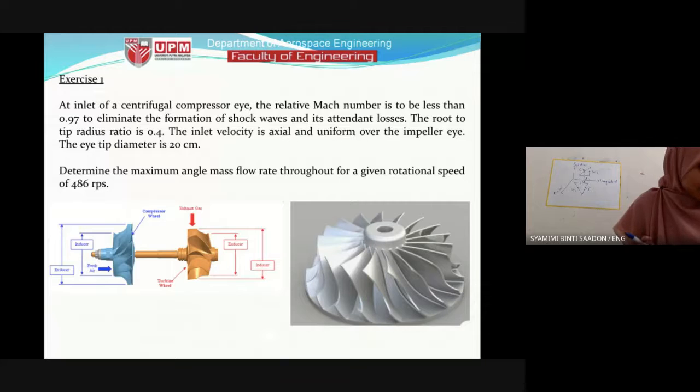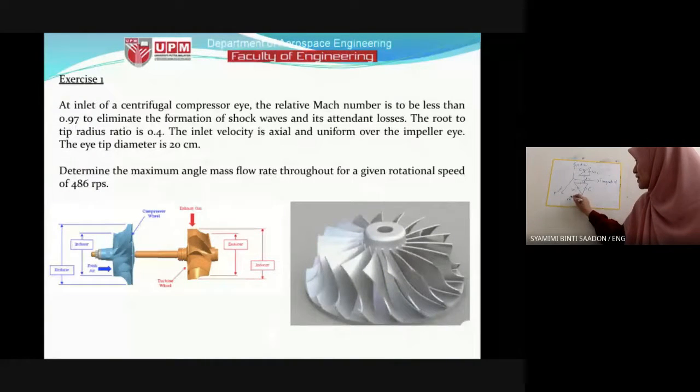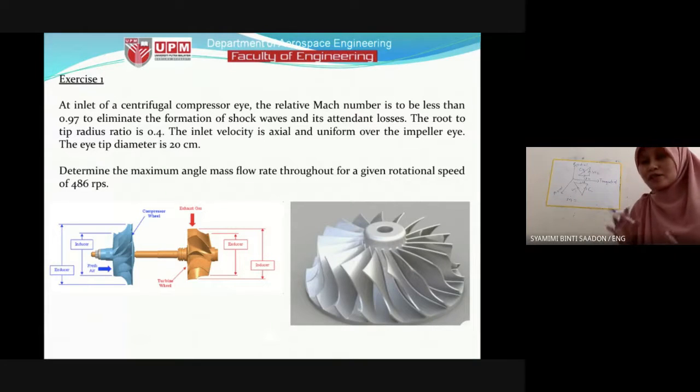I will give the mass flow rate equation. Normally we calculate the mass flow rate at the inlet because it is easier. The mass flow rate of the fluid entering the compressor will be m equals rho 1, calculated at the inlet, times C, the absolute velocity.